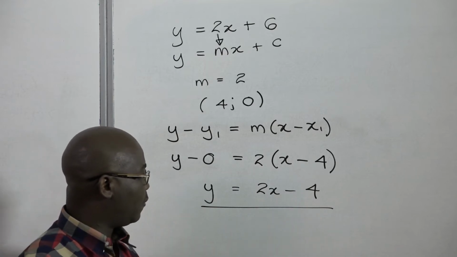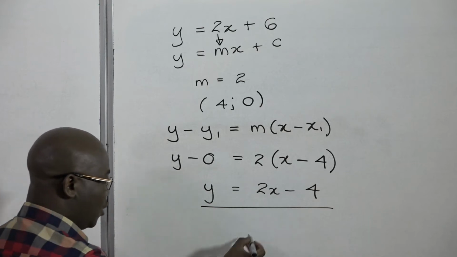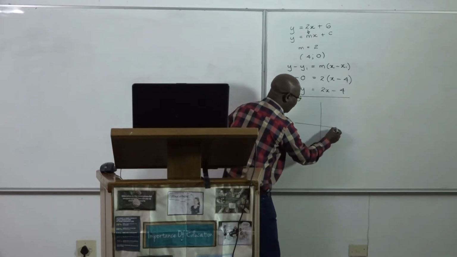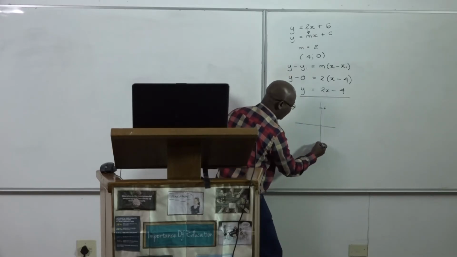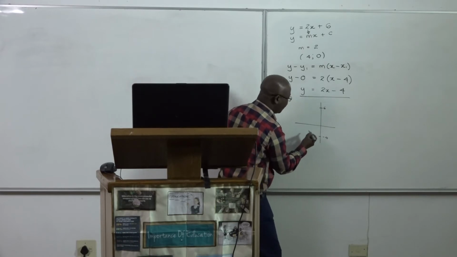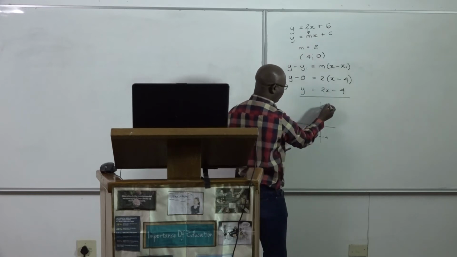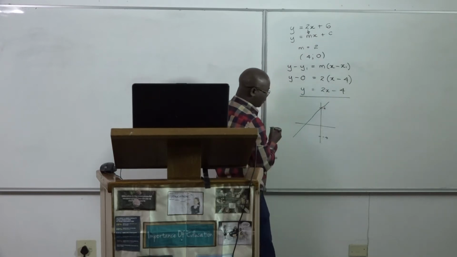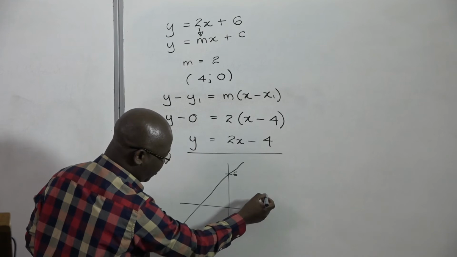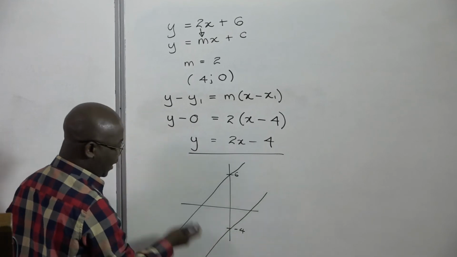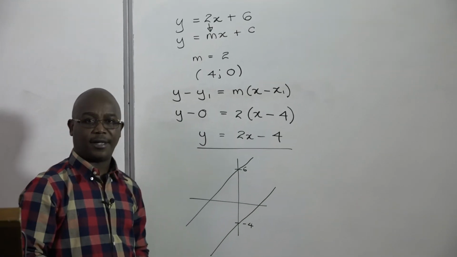Just to refresh our minds about the sketches, it would look like this. Then this will be our 6, and this will be our minus 4. So this one, which cuts the y-axis at 6, would generally look like that. And the next one, which cuts at minus 4, will be like that. And they would be parallel lines.